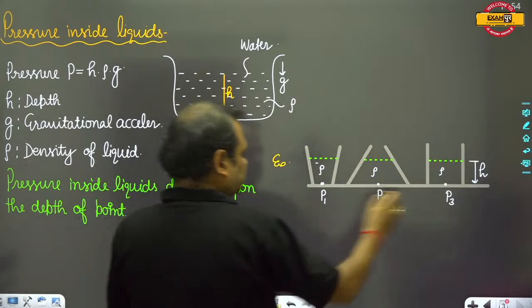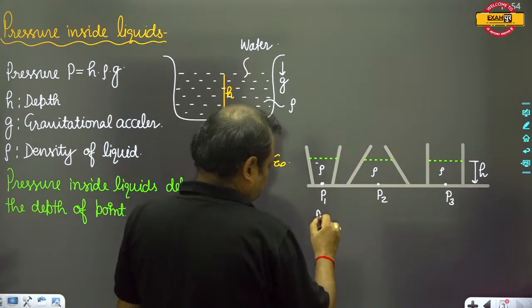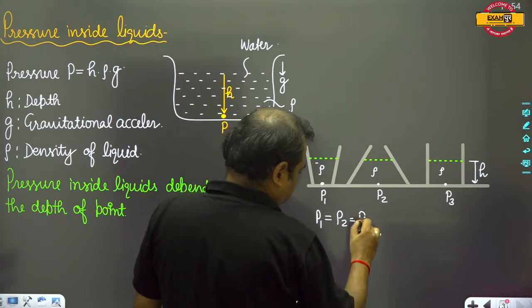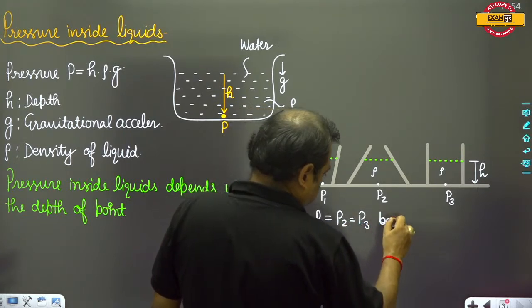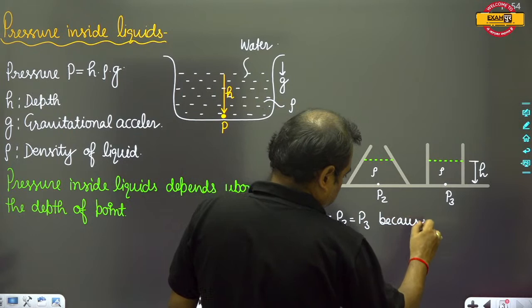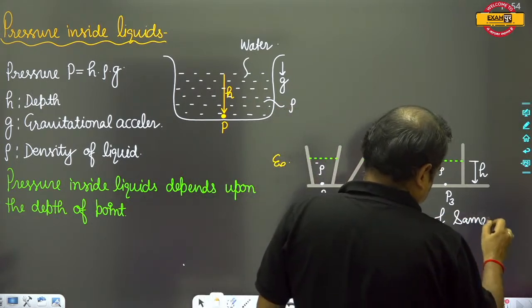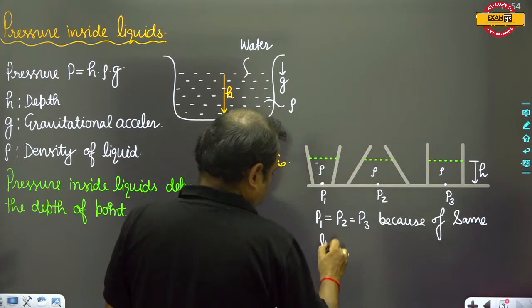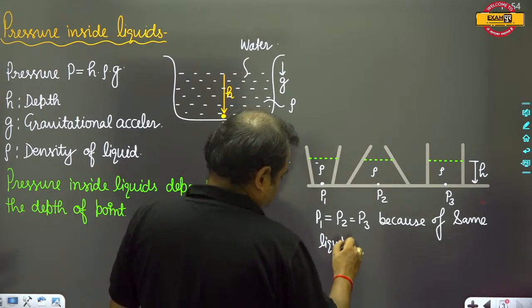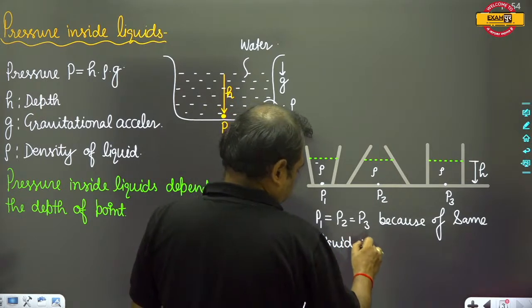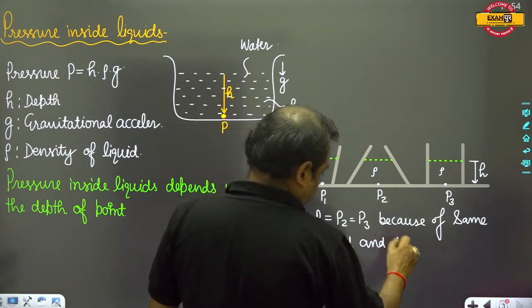So here we can say that the pressure P1 will be equal to P2 and will be equal to P3, because of the same liquid and the same depth.